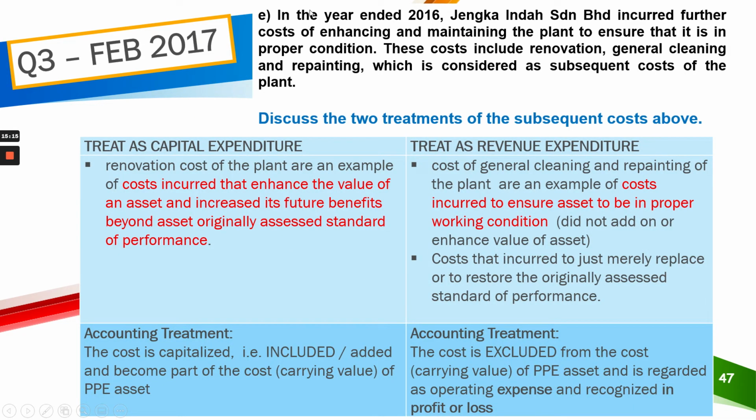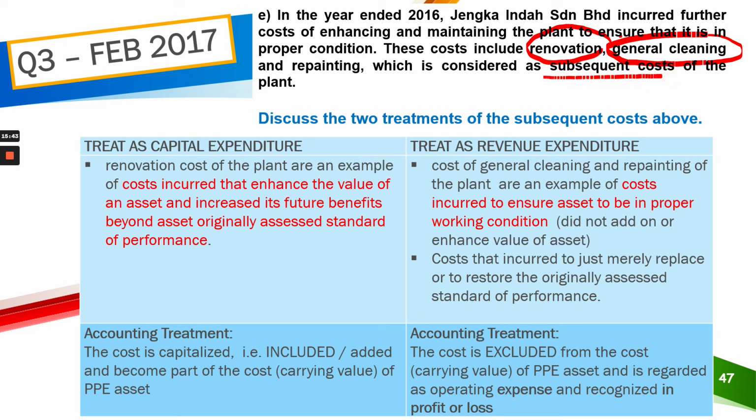The next one is that in the year ended 31st December 2016, Jengke Indah incurred further costs of enhancing and maintaining the plant to ensure that it is in proper condition. This cost also includes renovation, general cleaning and repainting, which are considered subsequent costs.